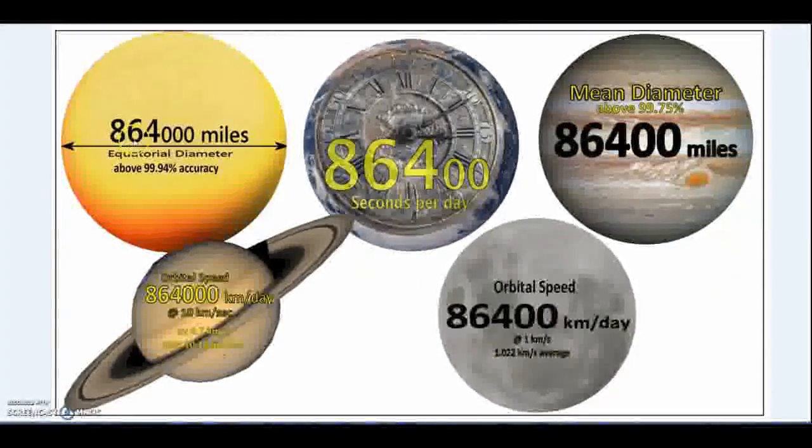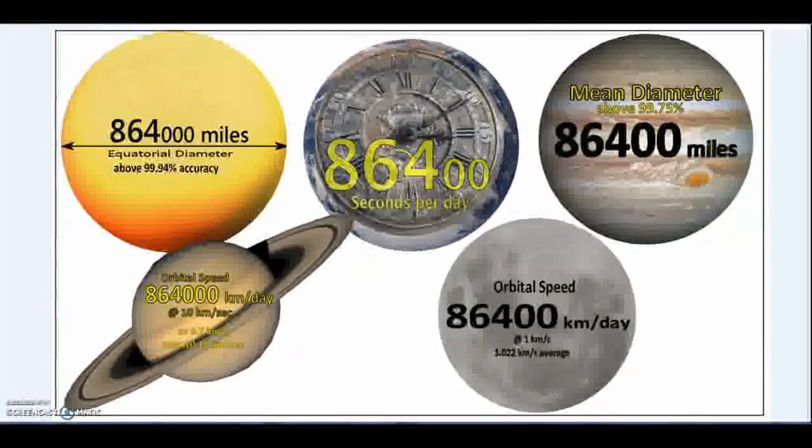And so, well, 864,000 miles is the diameter of the Sun, above 99.9%, but also because of the different techniques on how you define the outside of the Sun, essentially the mean diameter, so the average polar equatorial diameter, 86,400 miles. And well, Jupiter again, so the mean diameter of Jupiter, but 86,400 miles, 1/10 of the Sun, but there are 86,400 seconds per day.